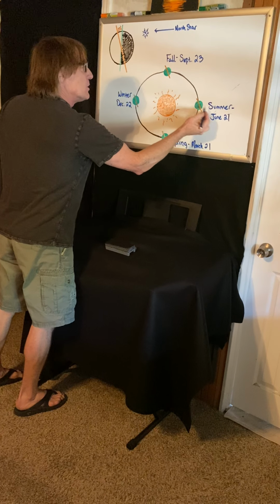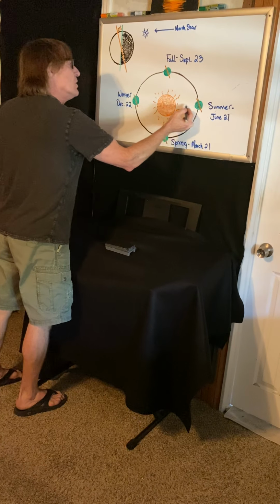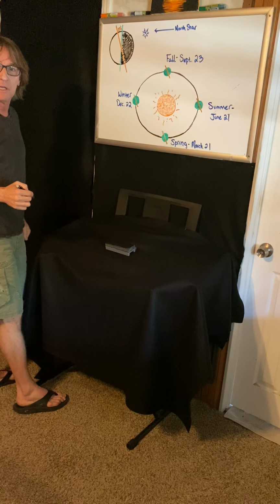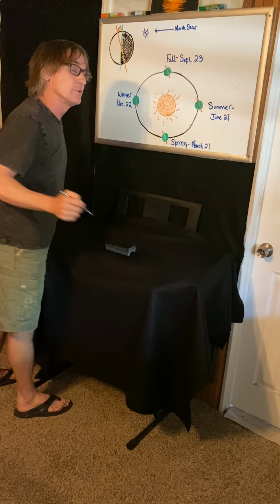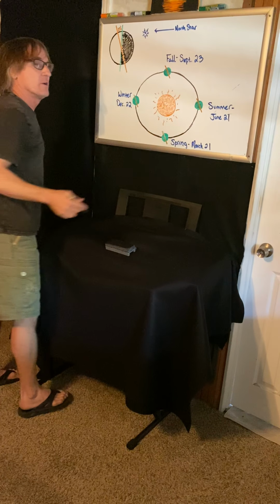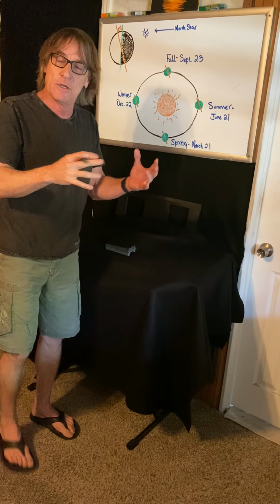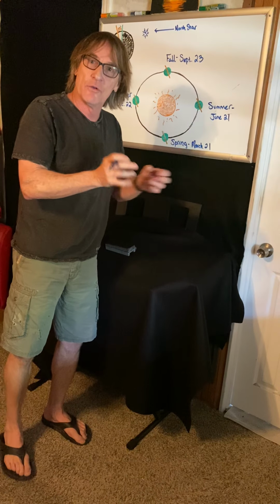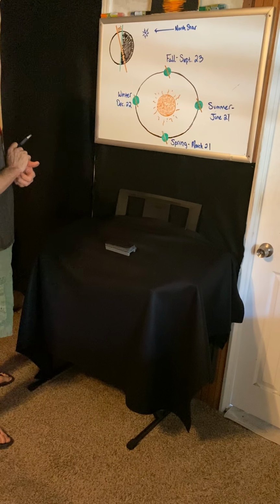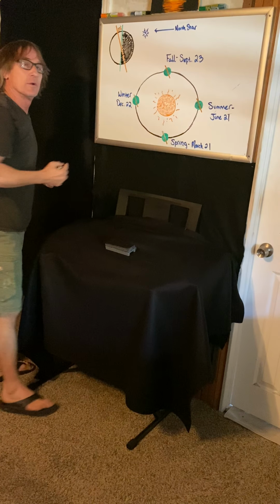But in the summer, because we're in the northern hemisphere, we're more directly experiencing that sunlight, which means more heat and more daylight hours. And then we get to fall, September 23rd. We've balanced out the number of hours in the evening and the hours of daylight versus the number of no daylight hours. When we get to winter, what's going on?